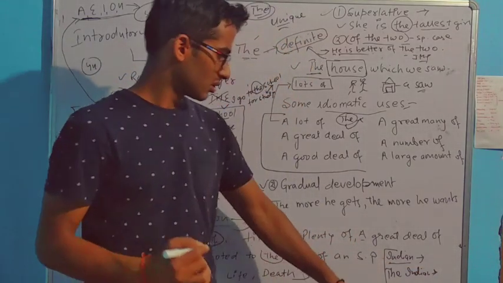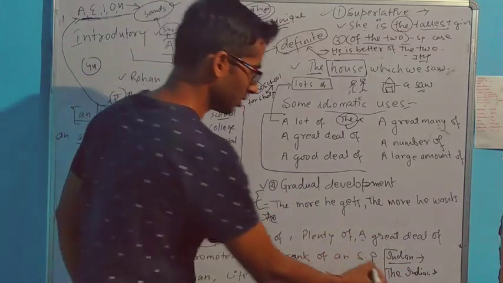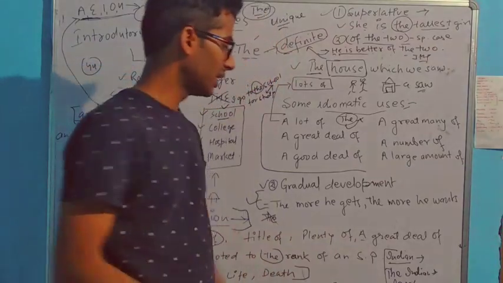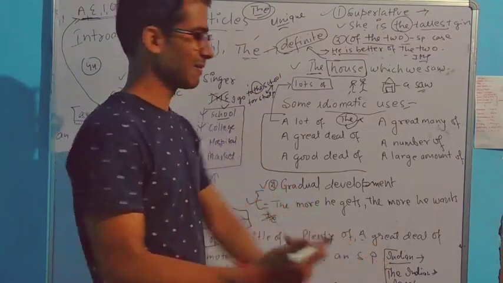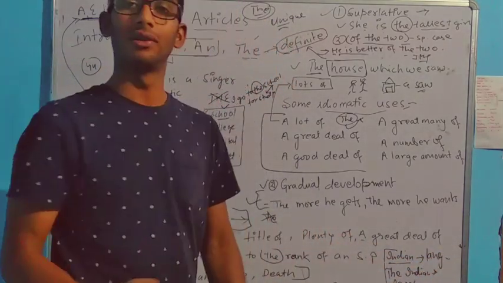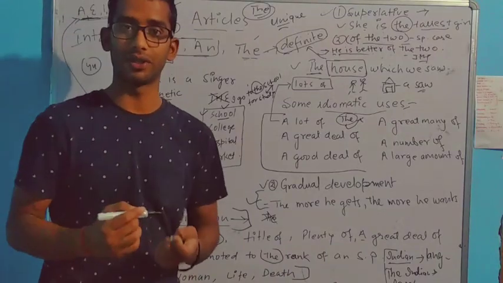Okay. When we say the Indian, it means I'm talking about people. And if I simply say Indian, I'm talking about language. Got it? So this is the presentation on articles for today.